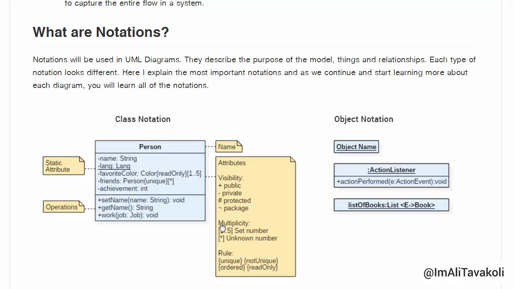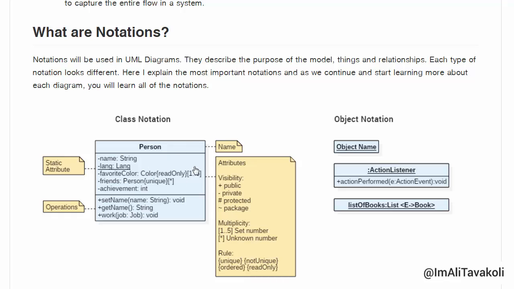We also can show their multiplicity like this, or for an unknown number we just put a star like this. So favorite color is a private attribute whose type is color, and it can be from 1 to 5 in the class.